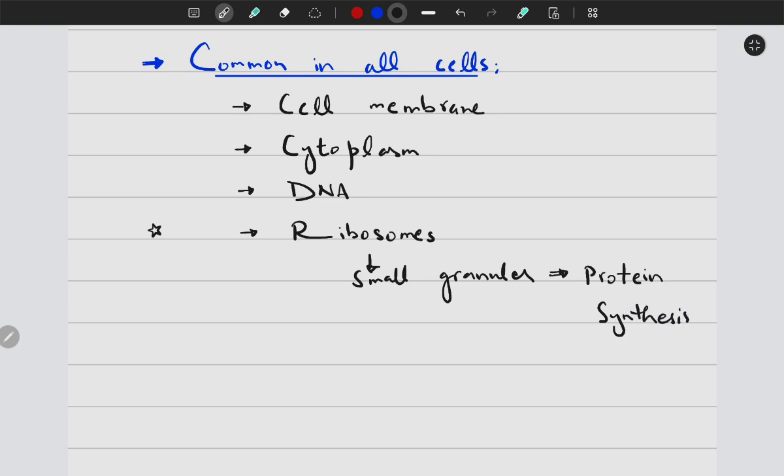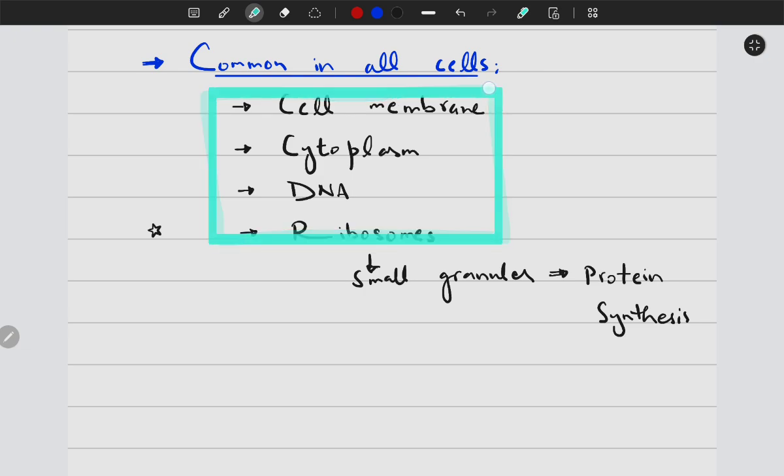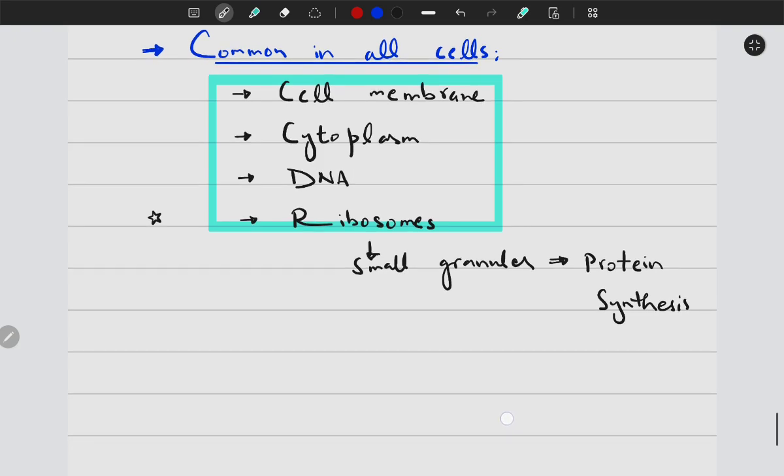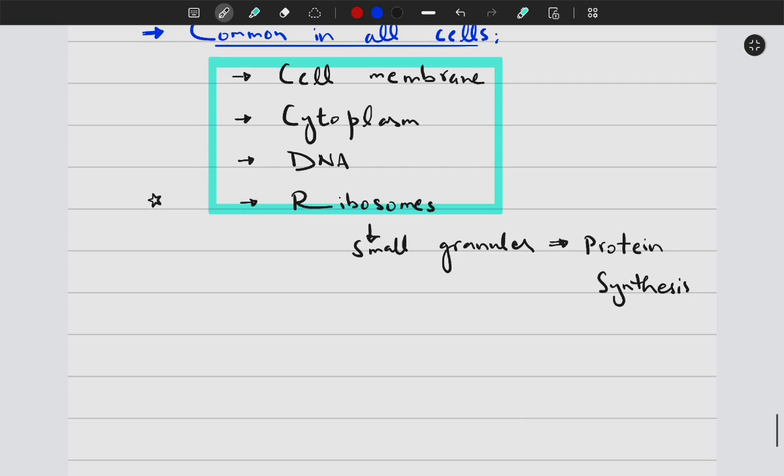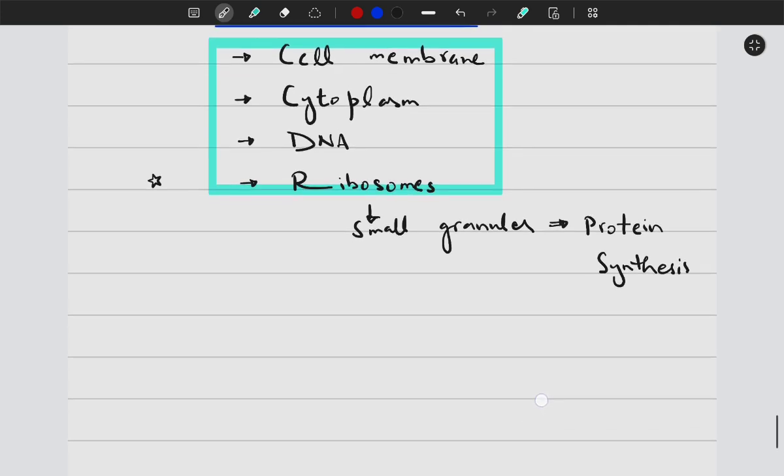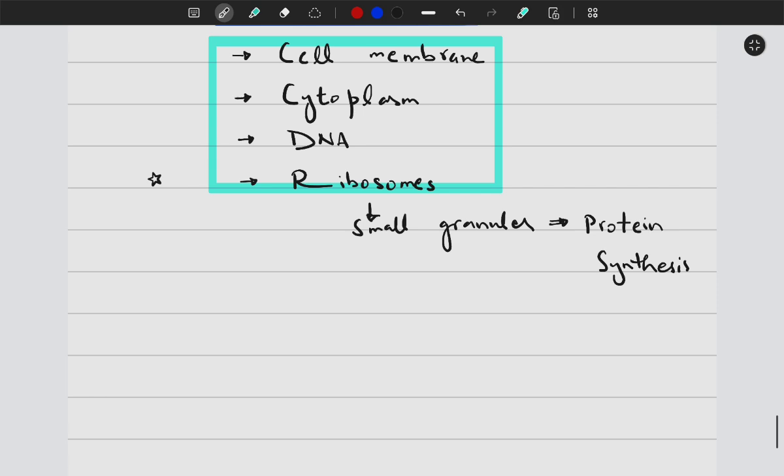So these are some of the features that must be present or that are usually present in every type of cell. Apart from that, every cell must have a bunch of other molecules like protein molecules, for example enzymes and all that. We would come back to those topics later on in detail. If you have any questions related to that, do let me know.